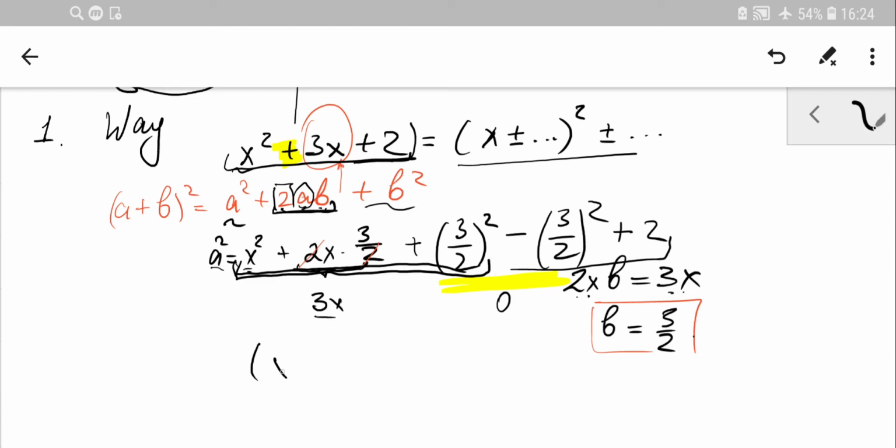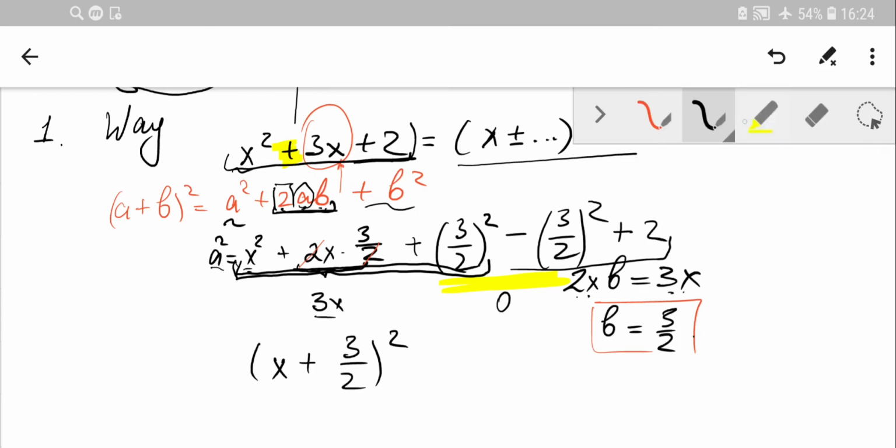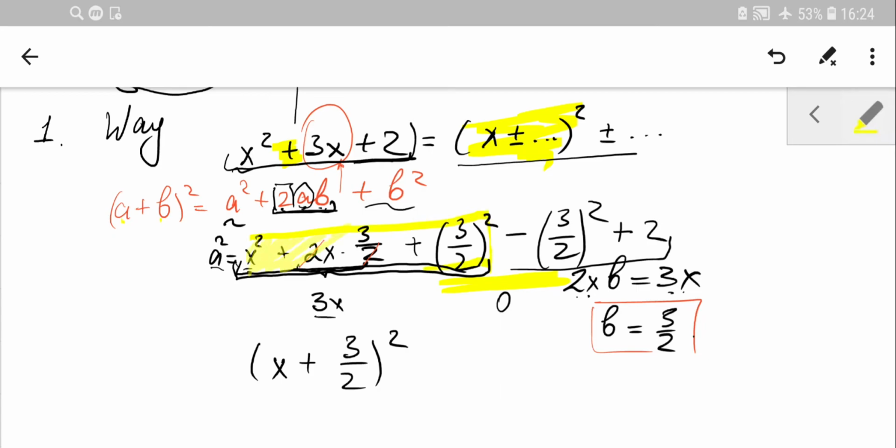So we simply have the following: x plus 3 over 2 completely squared. So that's how we get this part. We just apply the formula a plus b squared. So we shrink this part. I put the yellow marker here in order to say that this part is already x plus 3 over 2 squared.